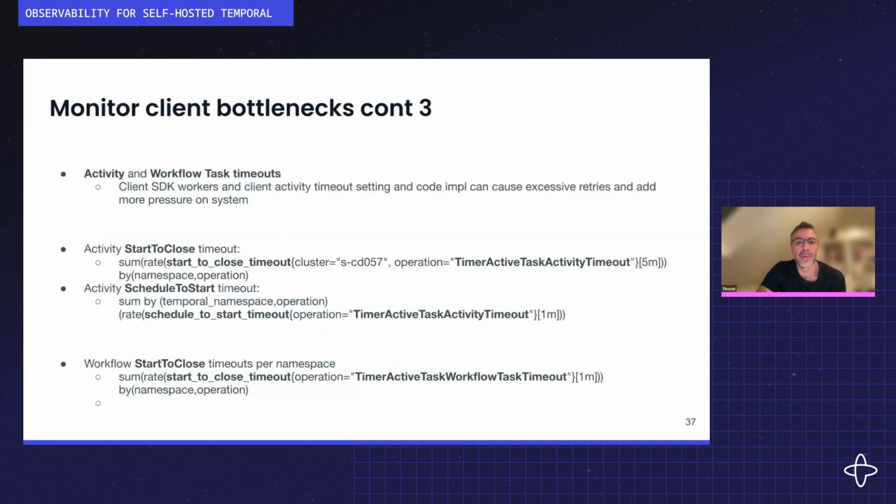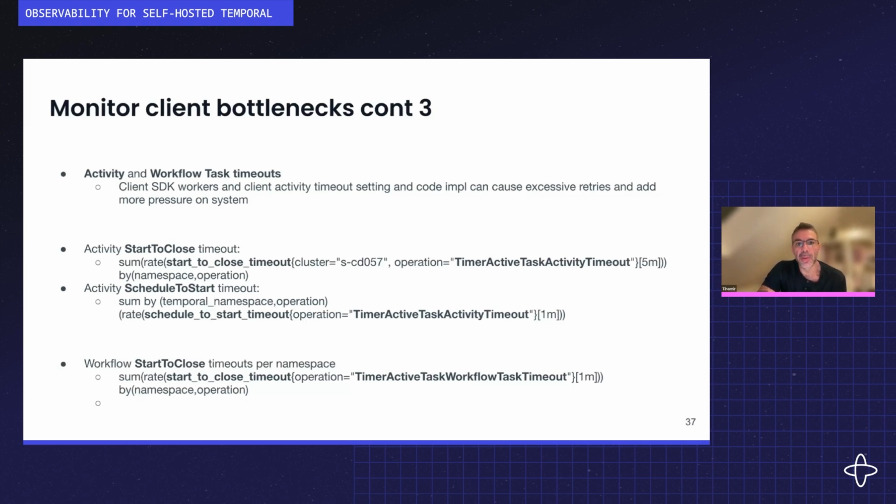Another thing we can do from the server side is monitor activity and workflow task timeouts that are happening at the worker level. This is for regular activities, of course, because the service manages timers for regular activities. If your clients are running local activities, this is not going to work. When we talk about activity here, we're talking about regular activities.